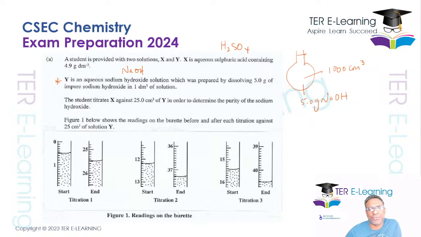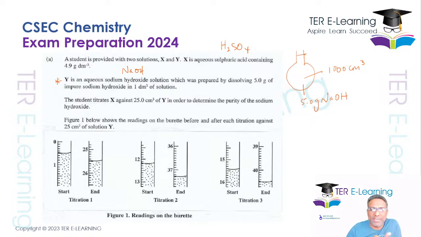The student titrates X against, so when you're reading these questions, make sure you understand what is what. In this case, it titrates X against 25 cm cube of Y in order to determine the purity of the sodium hydroxide. So that means that X is your sulfuric acid.